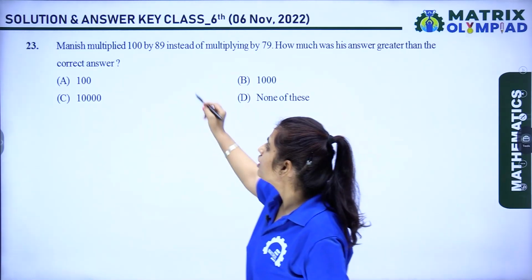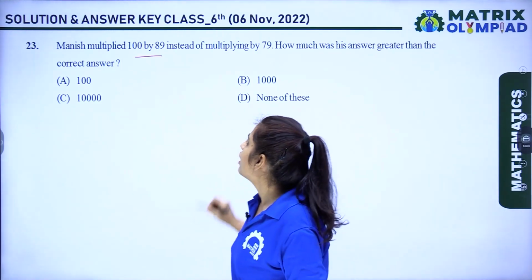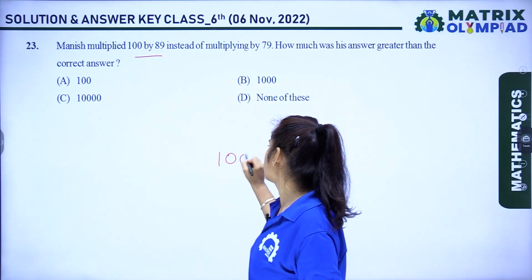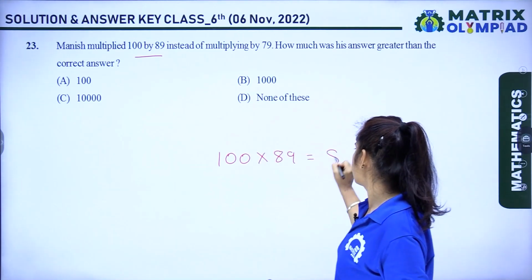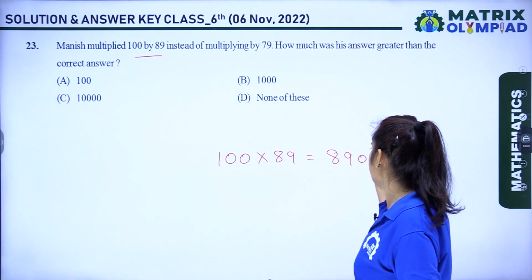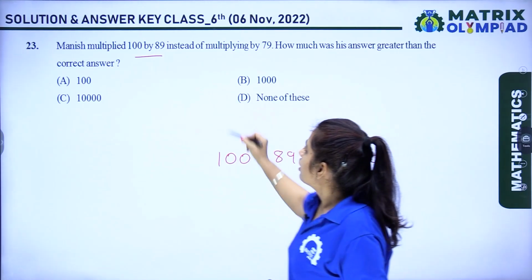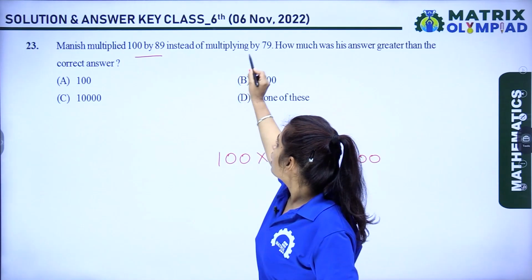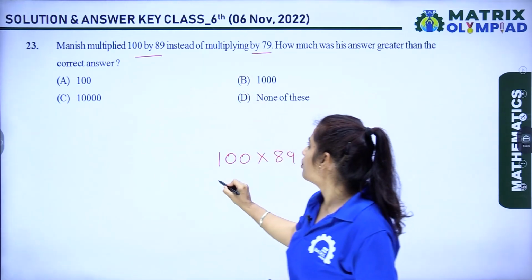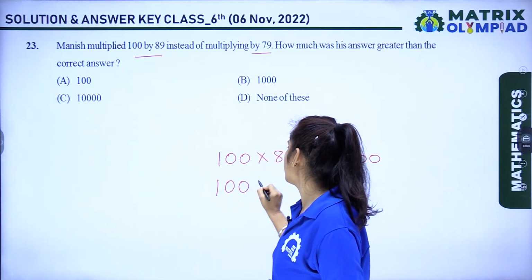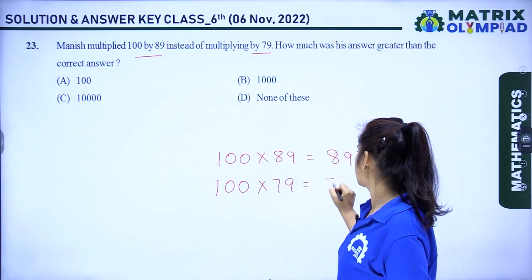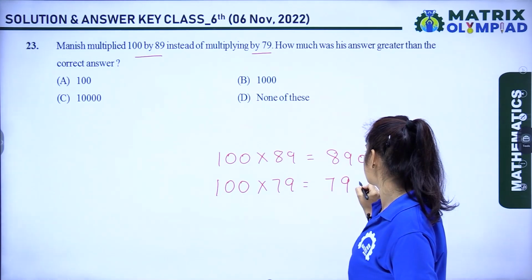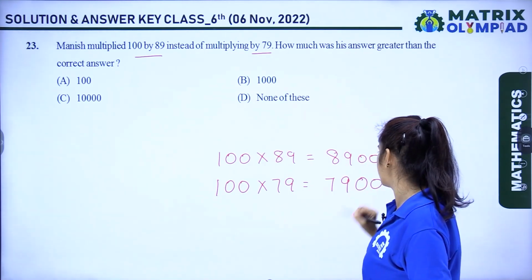So first of all, let's multiply 100 by 89. 100 times 89 is 8,900. And the actual number was 79. Manish had to multiply 100 by 79. So the correct answer was 7,900.